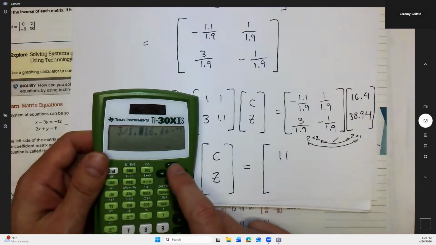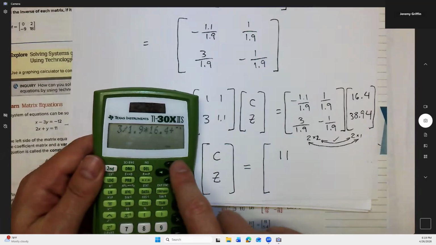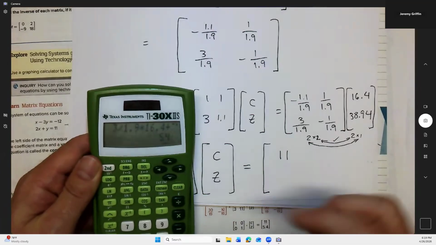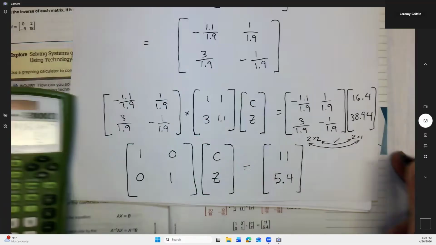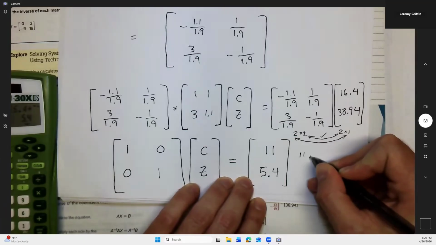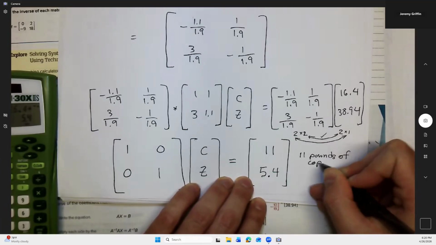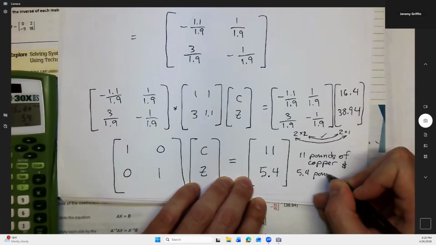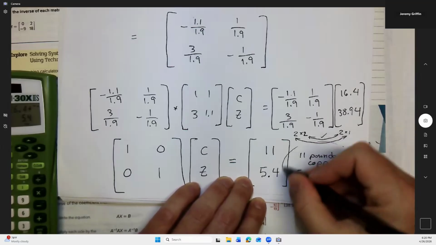Oops, he's having trouble pressing these buttons today, so that should have been there. Double check. Yeah, that's what they got. There we go. So the answer is 11 pounds of copper and 5.4 pounds of zinc. There you go.